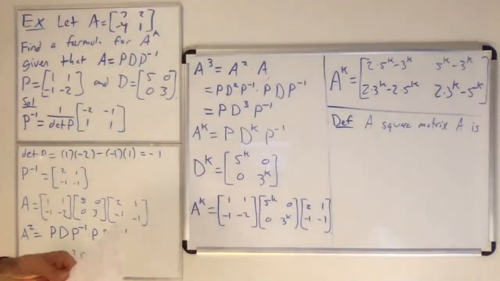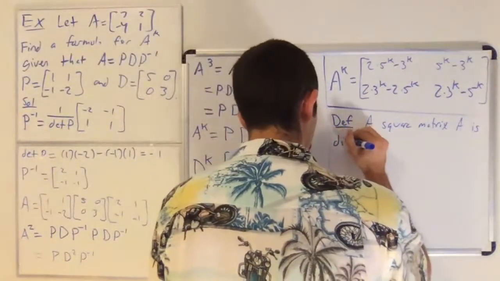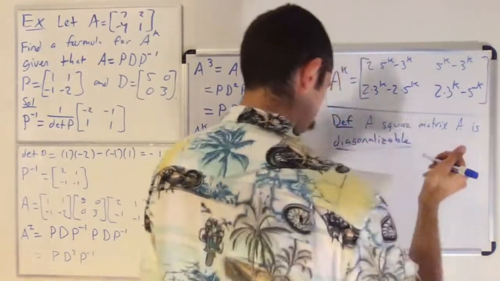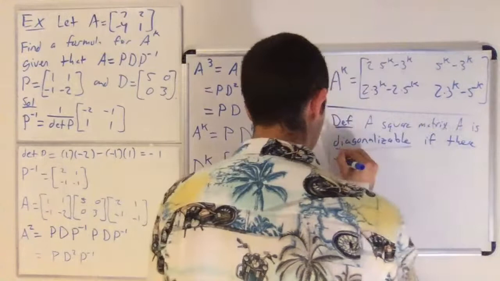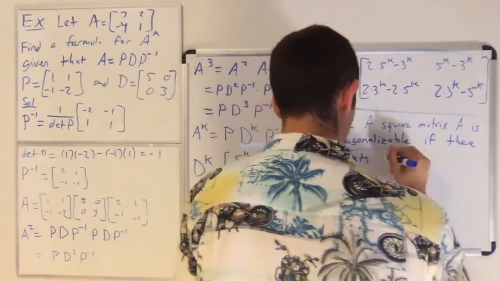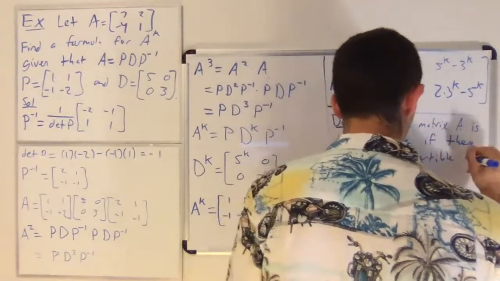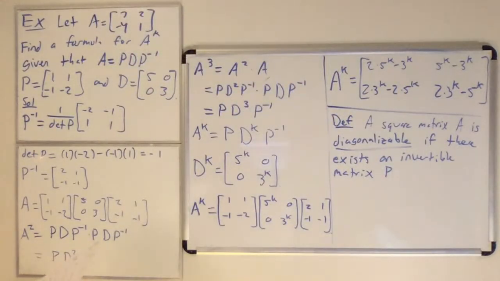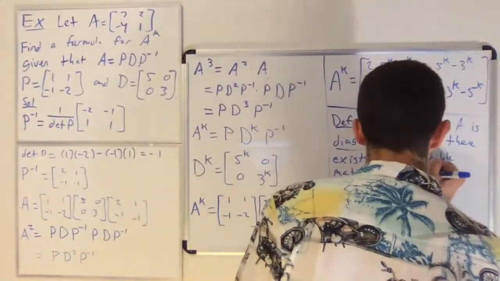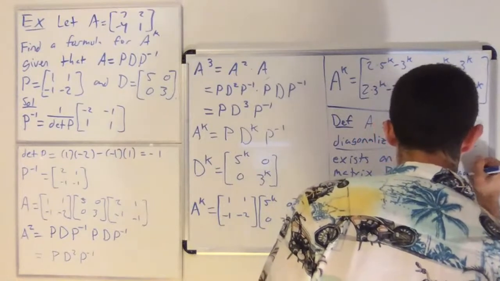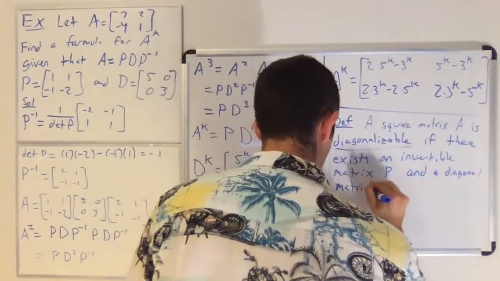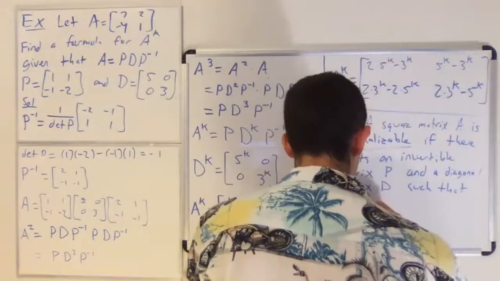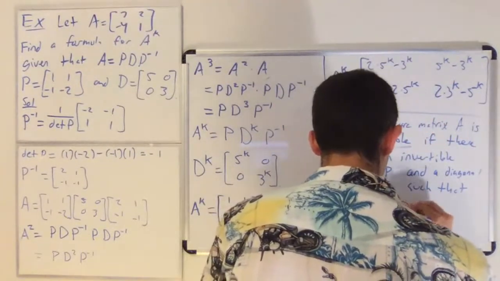So a square matrix A is diagonalizable if there exists an invertible matrix P and a diagonal matrix D such that A equals P D P inverse.